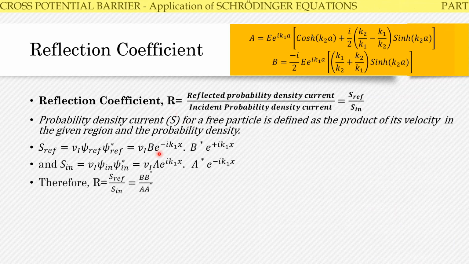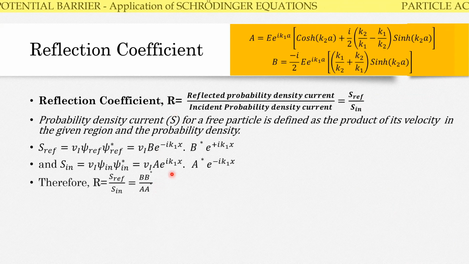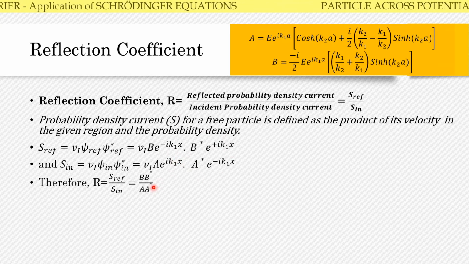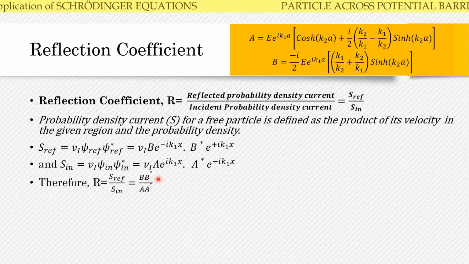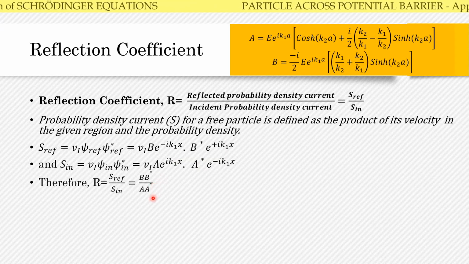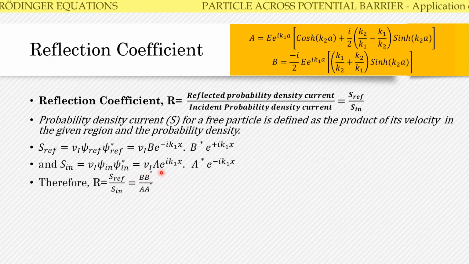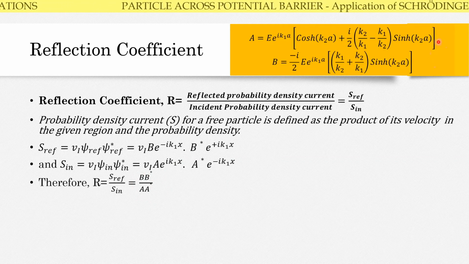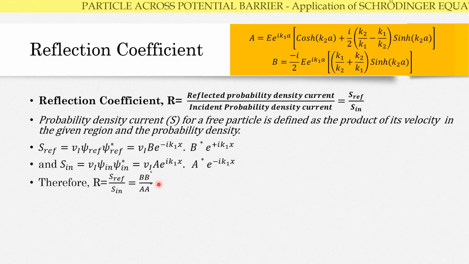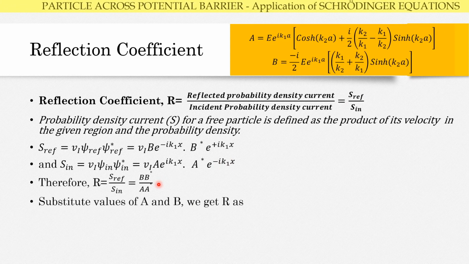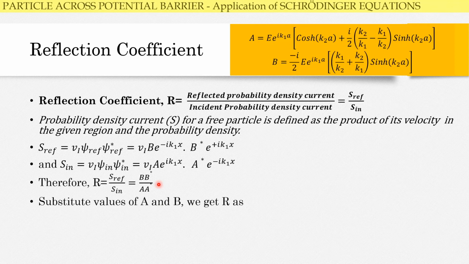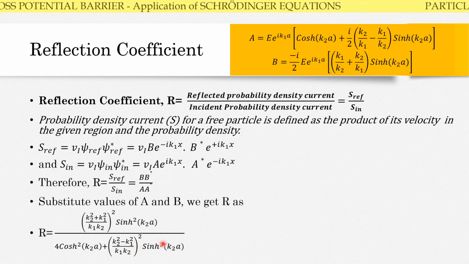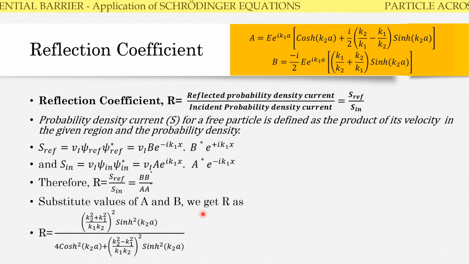Upon dividing these two, the exponential terms cancel out and you are left with bb star divided by aa star, and from here you know the values of a and b that we calculated in our past calculation. So upon substituting the values of a and b, you finally get the reflection coefficient as this quantity.